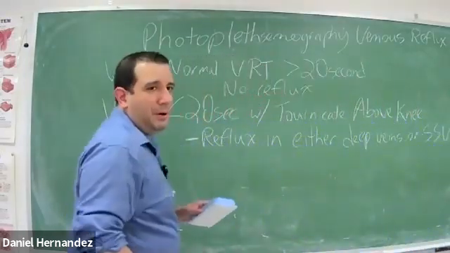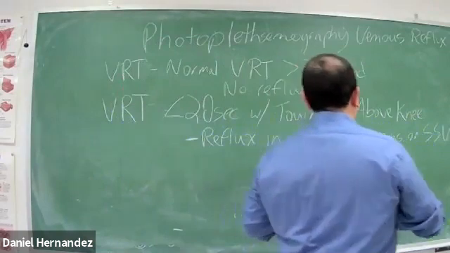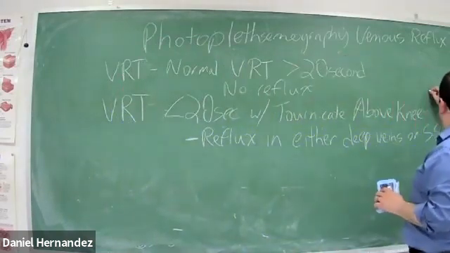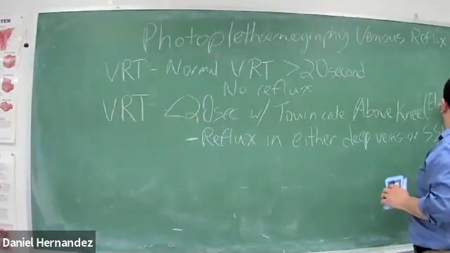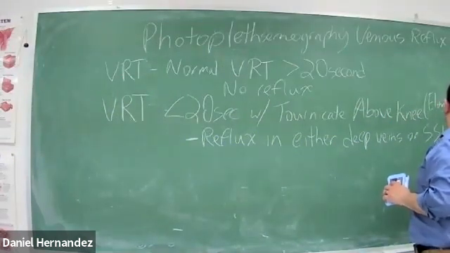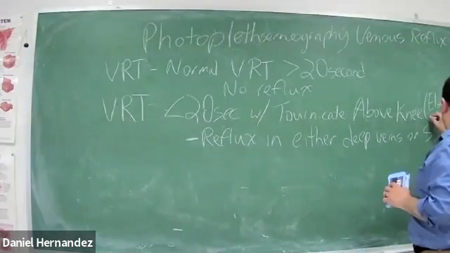So that tourniquet above the knee eliminates the GSV. So that's going to eliminate the greater saphenous vein.